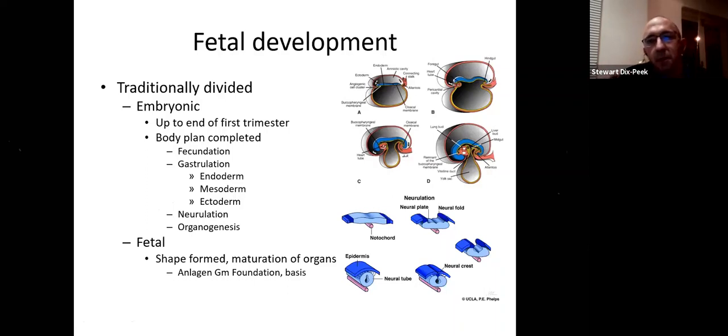That neurulation process probably has an insult that affects two different processes, and you get almost a double hit of pathology. By the end of your first trimester, you should have organs in place, and from there on you are maturing in size and in complexity, but the basic imprint has been made.